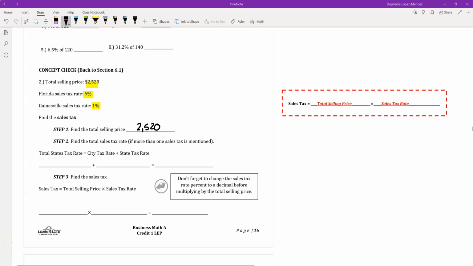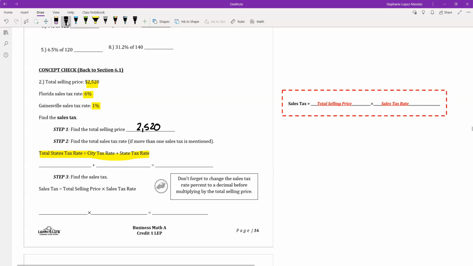So in step 2, we need to find the total sales tax rate based on what is mentioned already. So remember, our formula is total state's tax rate equals city tax rate plus state tax rate. So what's our first rate?